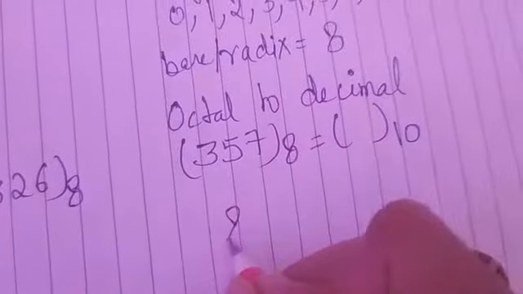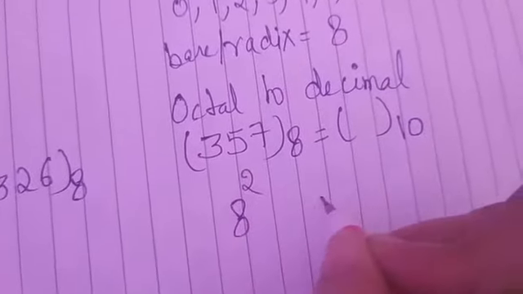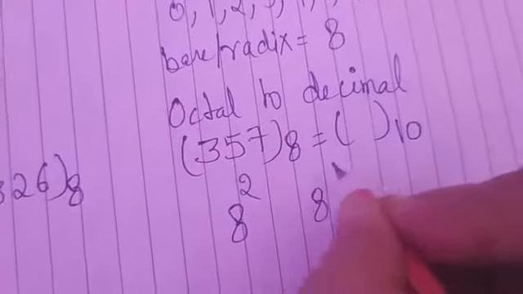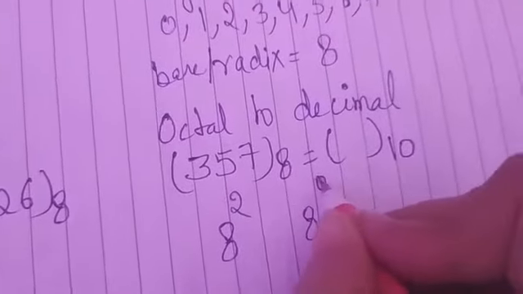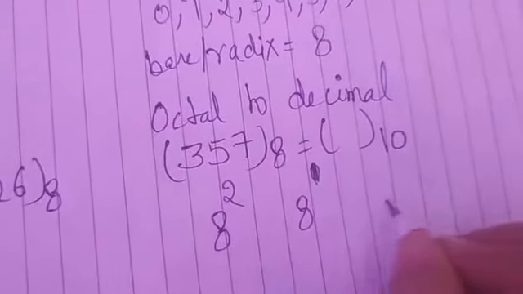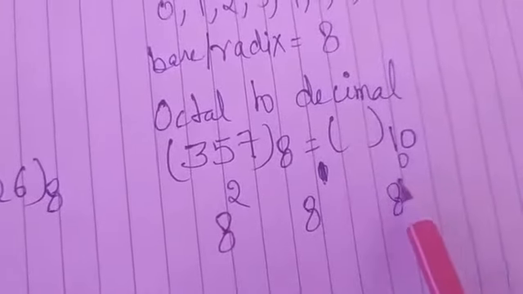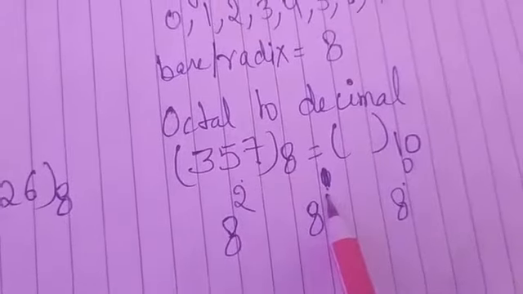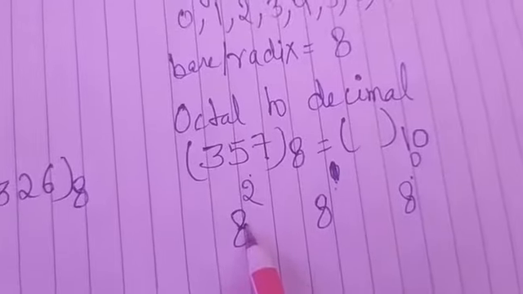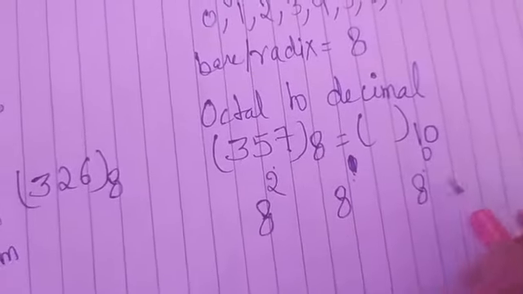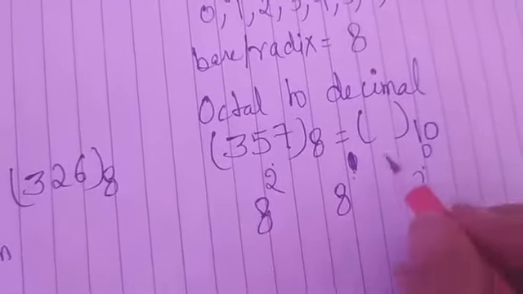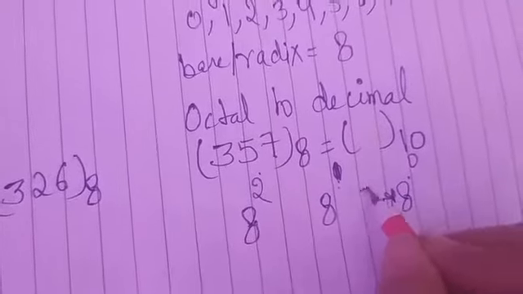Take the positions. 7 is at 0 position, 5 is at 1 position and 3 is at 2 position. Multiply with these digits, add.